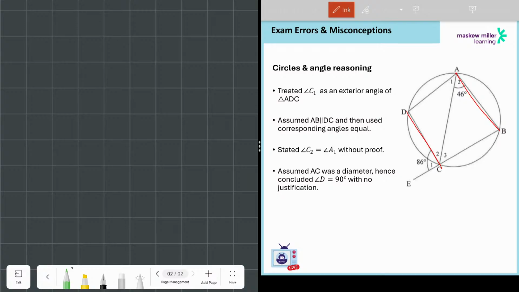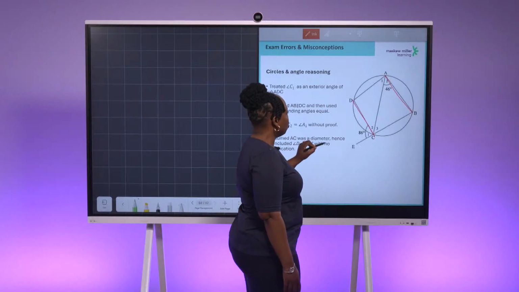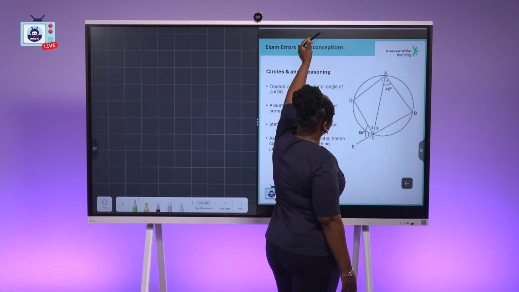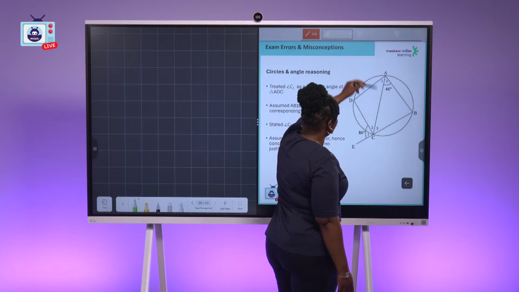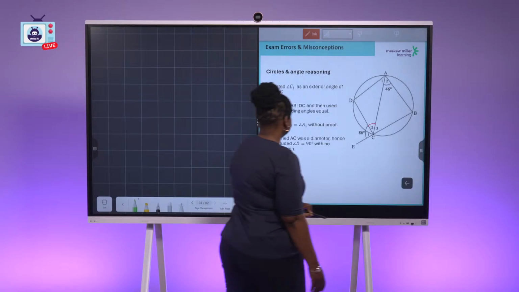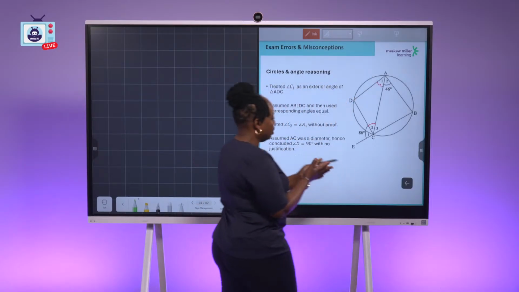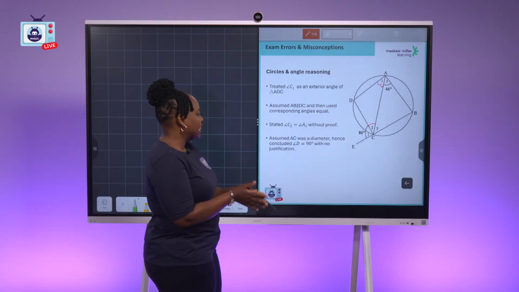Another one, they said that C2 is equal to A1 without proving. So let's see which one that is. They're saying C2, which is this angle here, is equal to the angle there, without proving and without a reason for saying they're equal.